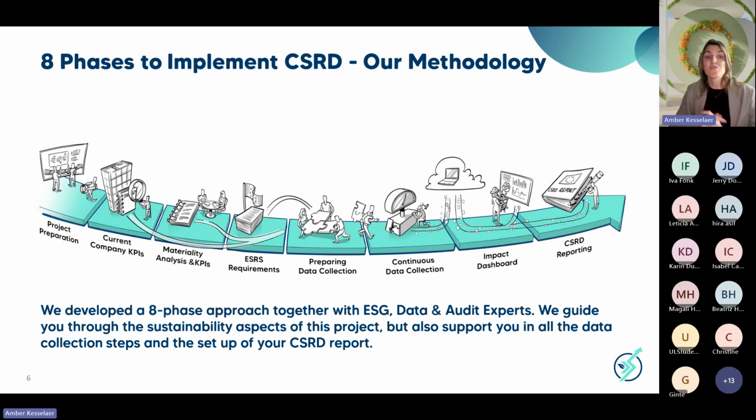Then we dive into the impact dashboard phase. Why? Because the sustainability reporting regulation asks how you as a management team monitor the impact that you have. Well, we do this with social and environmental KPIs that you're going to make equally important as your financial KPIs.